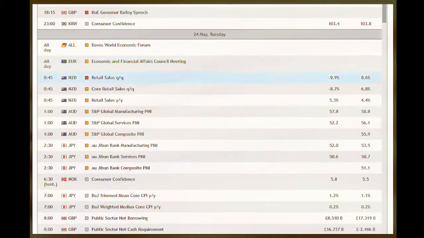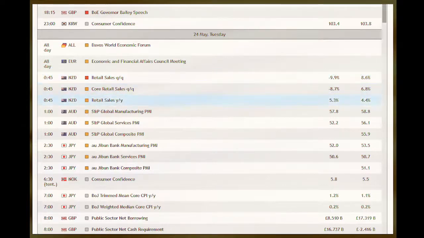At 12:45 we have the retail sales quarter on quarter for the NZD. We've got the retail sales, core retail sales, and retail sales year on year.